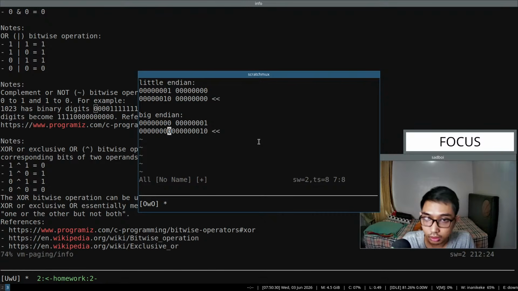Maybe this is the operation, and then shift this by one time. Okay, yeah, let's just do this. We're shifting this one. This is one, right? Shifting one time. So I assume something like this.